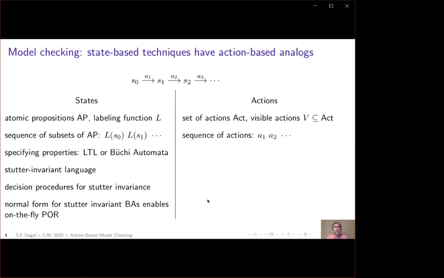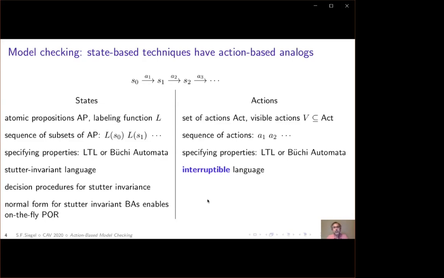On the action side, we typically start with a set of actions and a subset of those which are considered to be divisible actions. An execution is represented simply as a sequence of actions. Properties can be specified again in many different ways, but LTL and Buchi automata are two of the ways that have been commonly used.